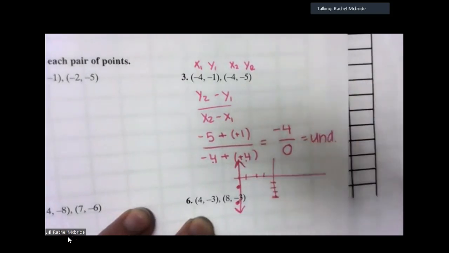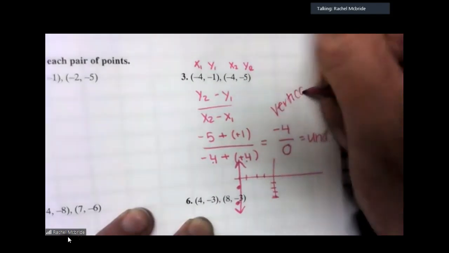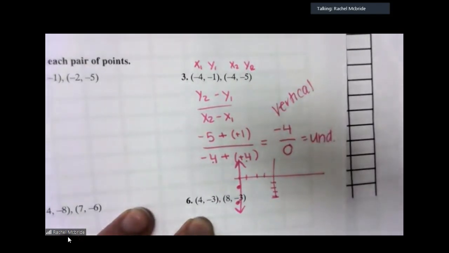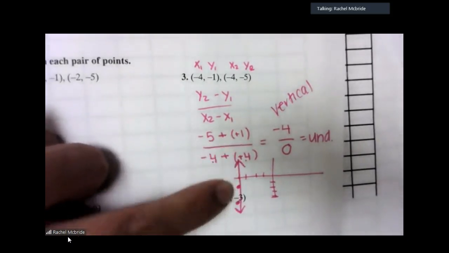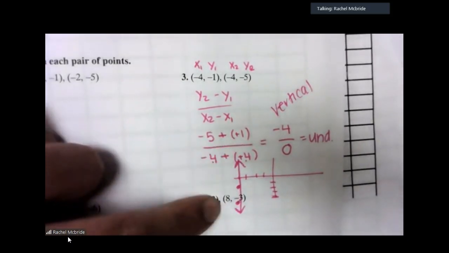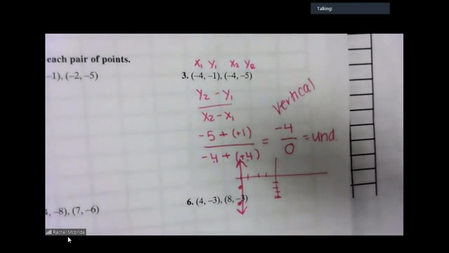Yep, it goes straight up and down like that. It's vertical. So plot your points. It's going to go straight up and down if you plot your points. When your slope is undefined, that's going to be a vertical line. When your slope is 0, when the 0 is on top of the fraction, that's your horizontal line.